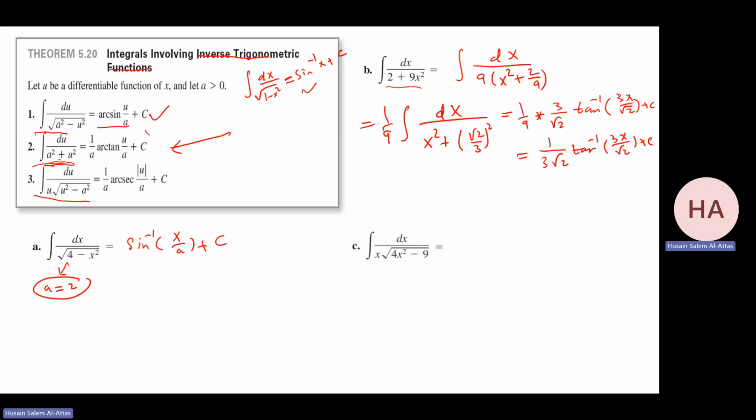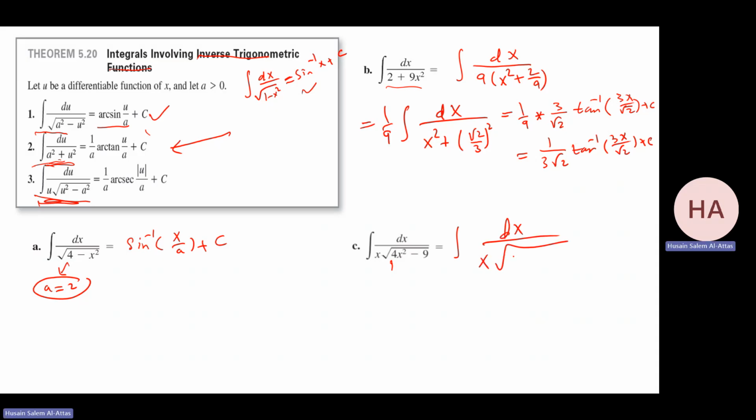This one is the same idea, but I'm now using sec. So I need this to be 1. So I have the integral of dx over x times the square root of 4 times x squared minus 9 over 4. Yeah, let me do it in steps.